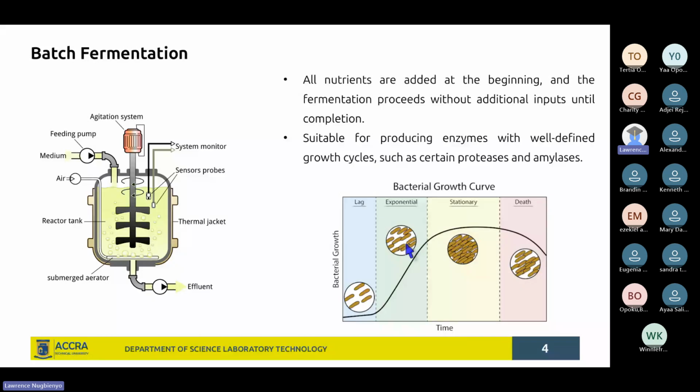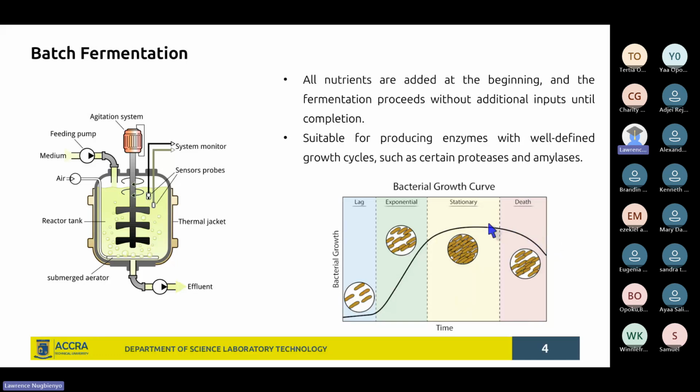You can set your system, your bioprocessor, to cover all this period so that at the beginning of the period of cell death, that is at the end of the stationary state, when you have the highest production of your product, that will be the end of your production time, and that will be the beginning of harvesting of your products, so that you don't have a lot of these cells dying in that mixture and perhaps contaminating the product that you are producing.